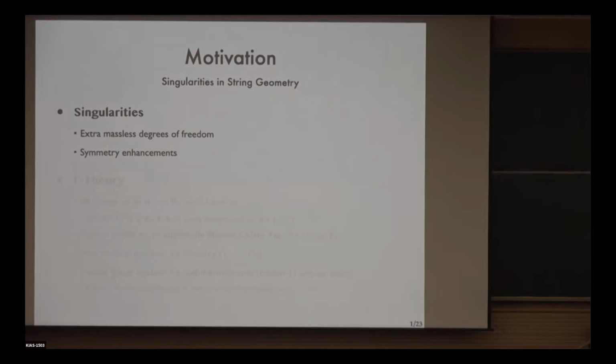It is very well known by now that singularities in string geometry have interesting consequences for the effective physics. They often indicate extra massless degrees of freedom, and they also tend to come with symmetry enhancements.